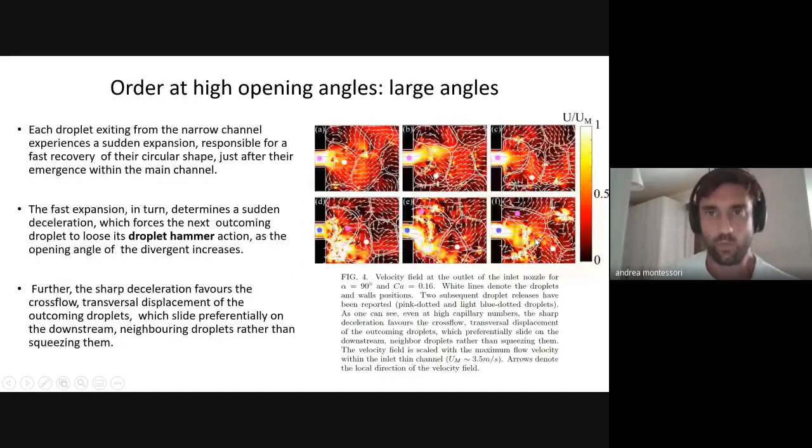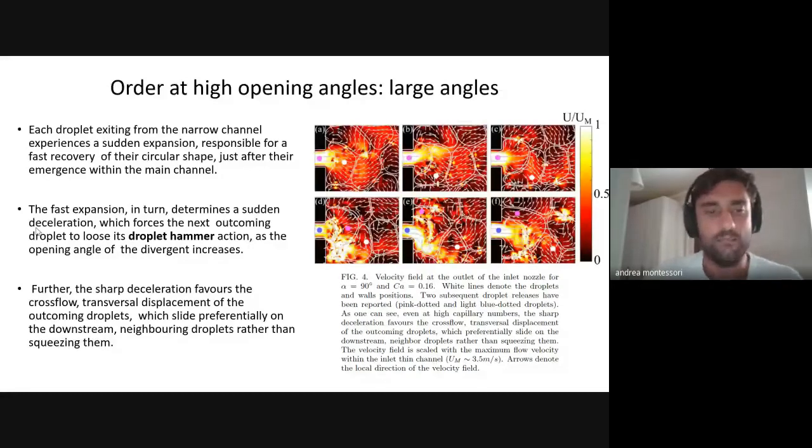But when we work with large angles, each droplet which exits from the inlet channel experiences a sudden expansion, which is responsible for a fast recovery of the circular shape. And this fast expansion determines a very sudden deceleration of the outcoming droplets, which we call the droplet hammer action.